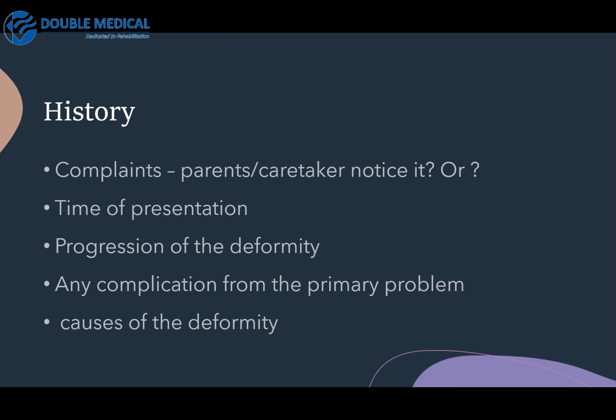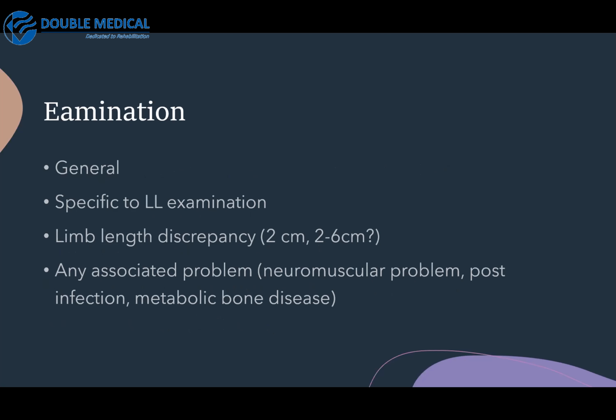After we get the history, we have to complete our examination of the patient's limb, whether there is a limb length discrepancy, and how much the discrepancy is, whether it's just 2 centimeters or more, because this will determine our next treatment. We also have to evaluate whether the patient has a neuromuscular problem or whether a metabolic bone disease is involved.